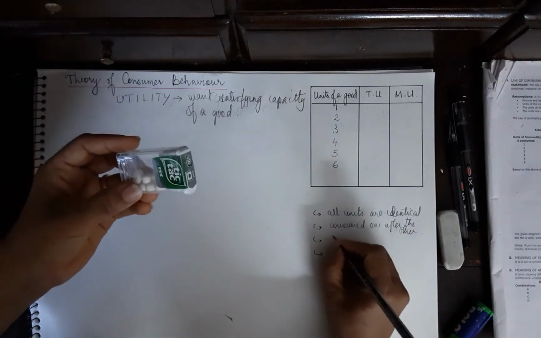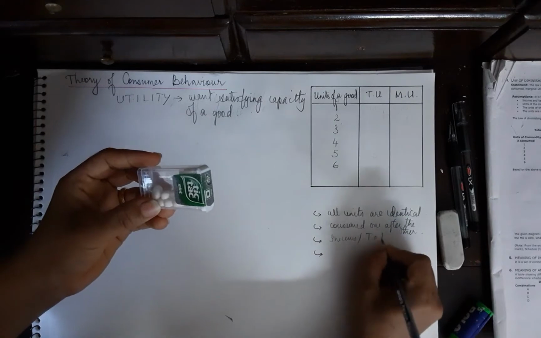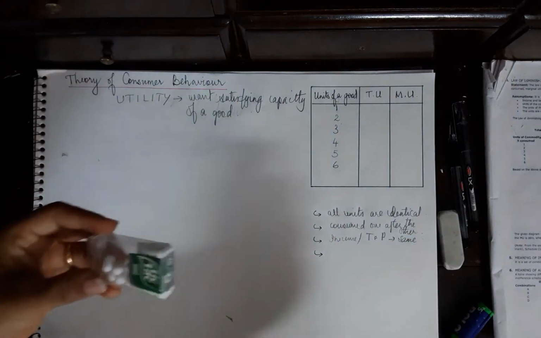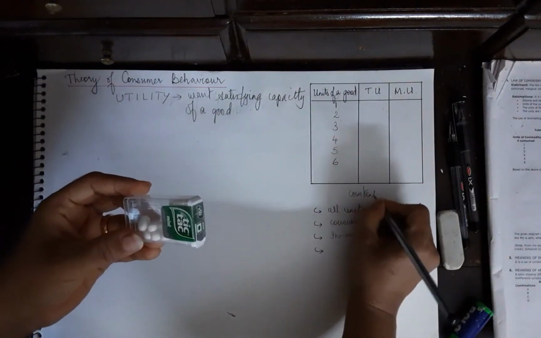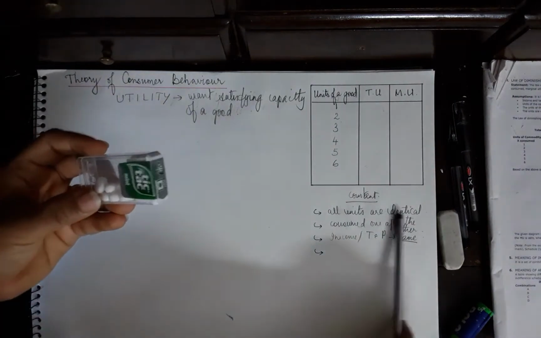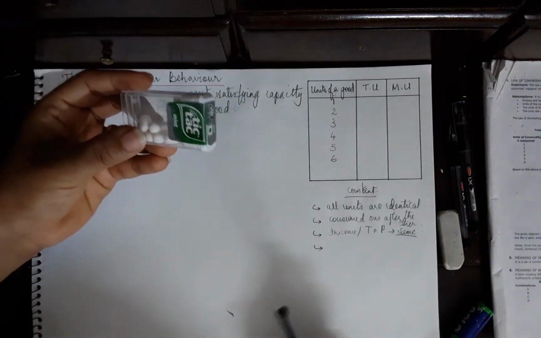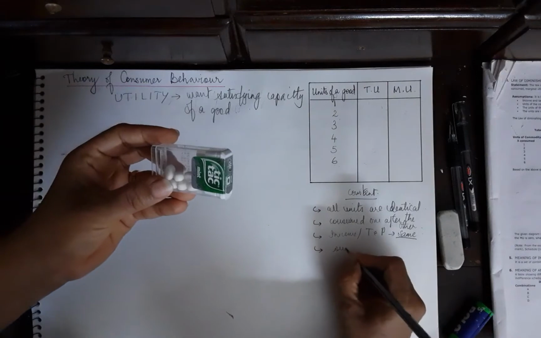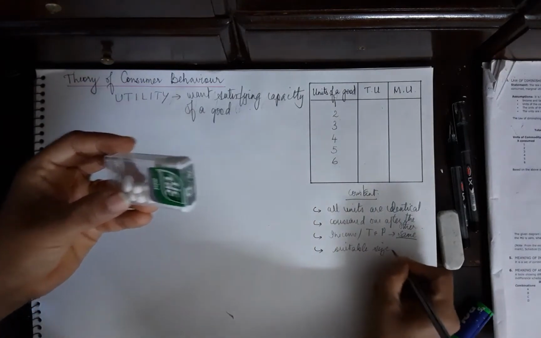And my income, taste and preferences must remain the same. You know, in economics, for this word same, we can also use the word constant. So, yes, all units are identical. They will be consumed one after the other. Taste and preferences do not change. And they are of suitable size. So, these are the four assumptions.